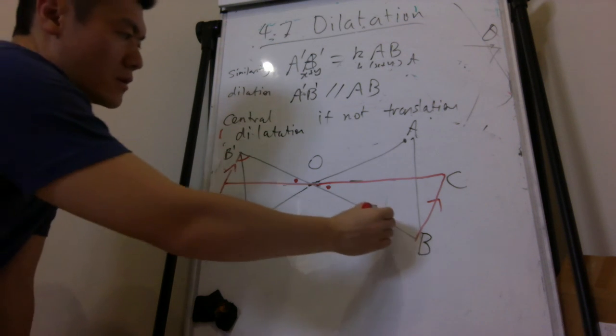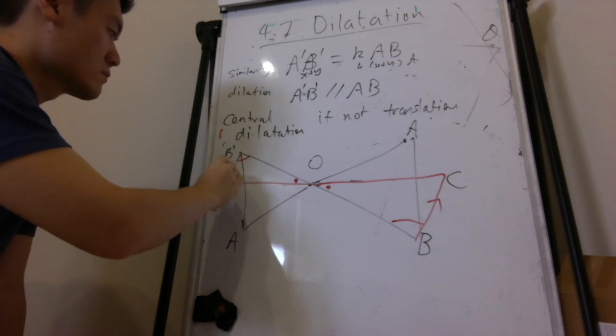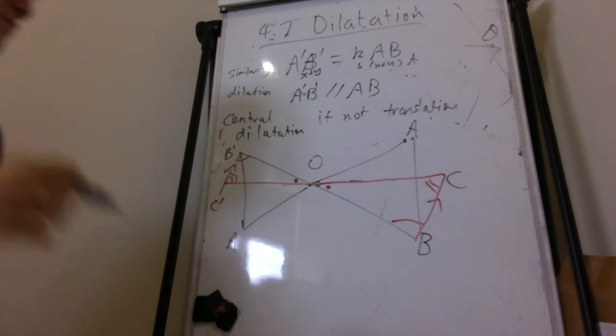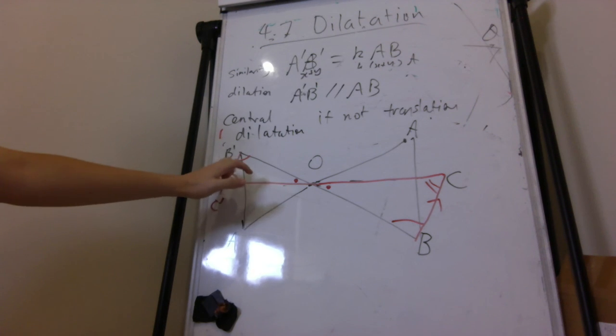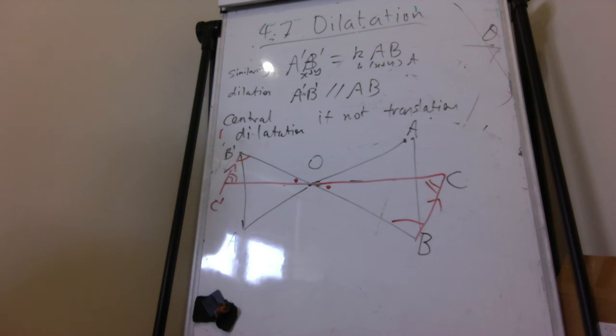These angles are equal, right? So they're similar, yeah? And then you have to put C prime here, basically. Okay.